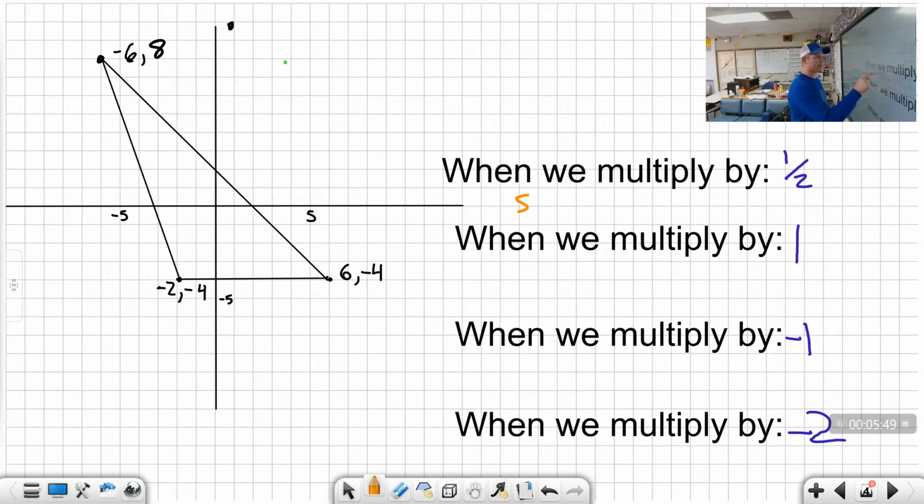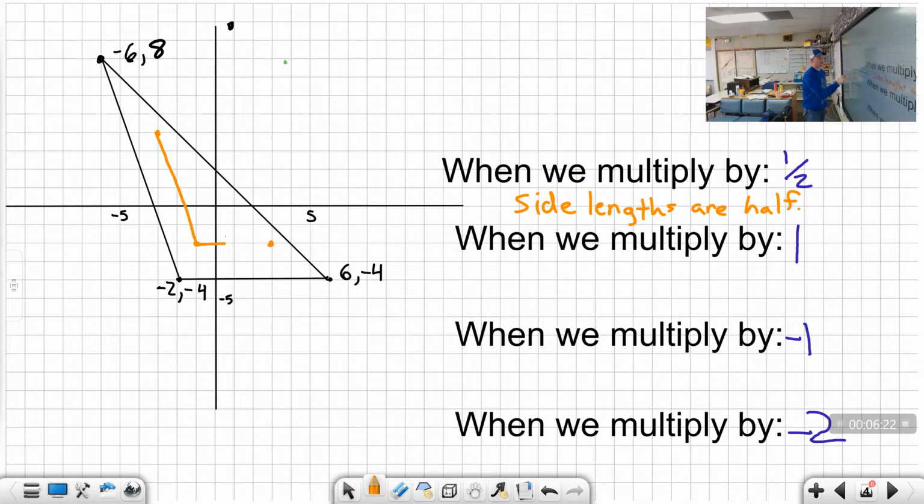Can't we reason that the side lengths now, off to the right-hand side, you see these questions, you should write the response. If we multiply these coordinates by a half, instead of negative 6, 8, I have negative 3, 4. Instead of 6, 4, I have 3, 2. And instead of 2, 4, I have 1, 2.